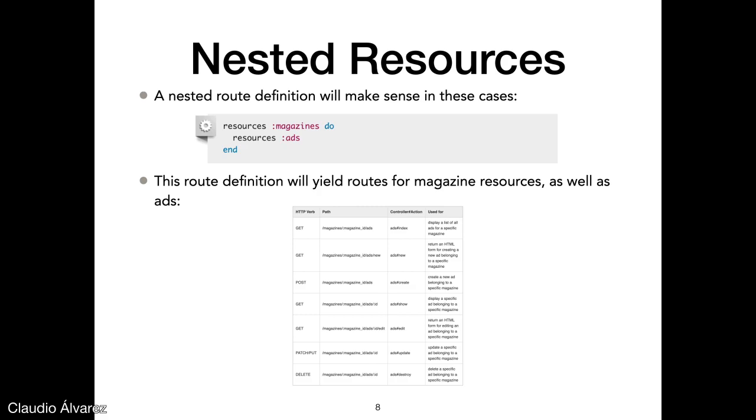The difference by having the magazine ID in the path is that you will know which ads to show when the first route is called. When you want to create a new ad, it will be attached to some magazine. So these are kind of contextual routes, because there's the magazine context in them. The routes will know which magazine they're acting on.